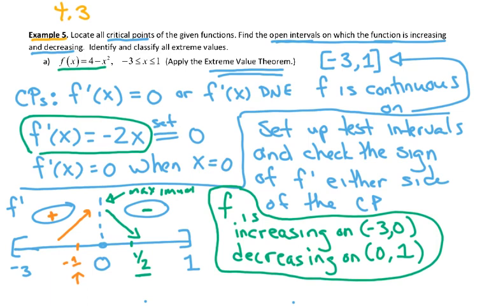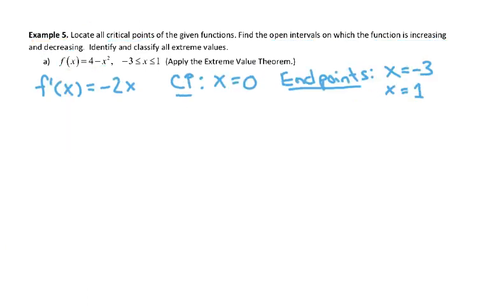Okay, so we found the critical point. We found the intervals when it's increasing and decreasing. And now we need to classify the extreme values. And we're guaranteed an absolute min and an absolute max. So what are we going to do? We're going to check the endpoints and we're going to check the critical point.